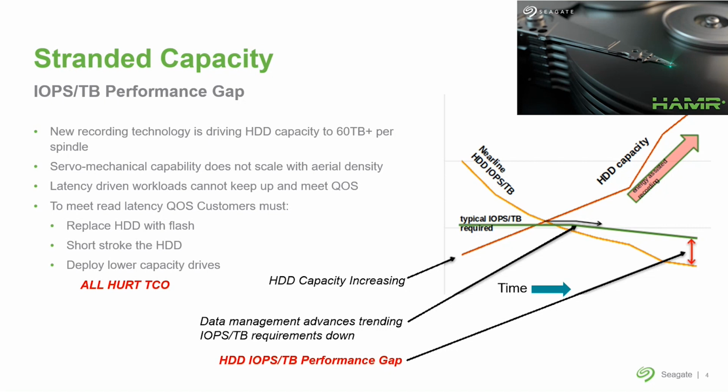You can imagine that we'll have these types of inflection points moving forward, and this is something I see as an inflection point. The servo mechanical capability is not scaling with this areal density. We can't spin the drive faster for a number of reasons. Power consumption just doesn't scale. We can't go from 7,500 to 20,000 RPMs, for example. The actuators aren't going to be moving faster.